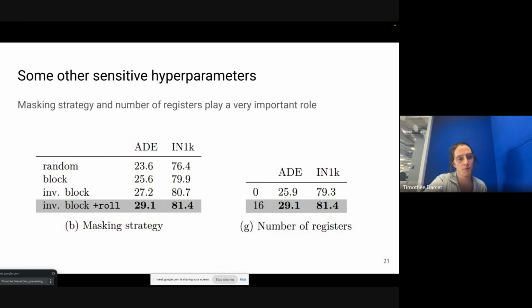Why is this useful? Because if you do block masking, you end up masking much more the middle of the image than the sides of the image. If you do inverse block, that's the opposite. You end up masking much more the sides of the image than the middle of the image. And depending on your data distribution, those might not hold the same information.